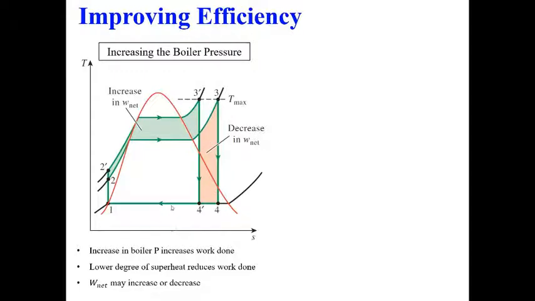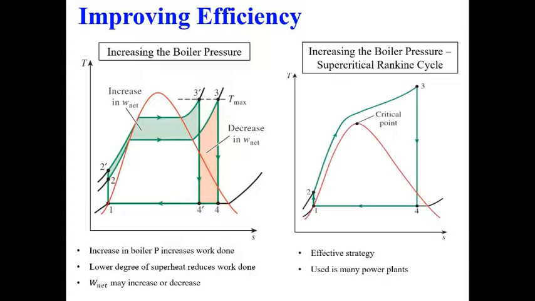So by increasing the boiler pressure, work done is increased for this region, but the lower degree of superheat also decreases the total work. Now the total work W net, which we are trying to increase, may either increase or decrease depending on the proportional ratio of these areas. If this is higher, then W net will increase. If this is higher than this area, then W net will decrease. So this is not a very effective strategy.